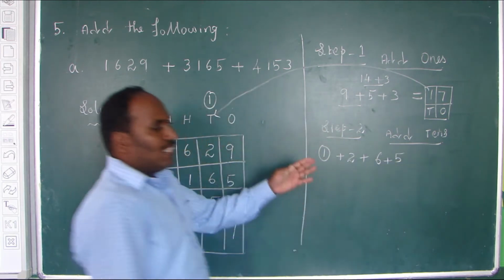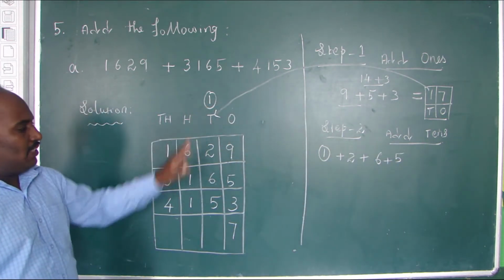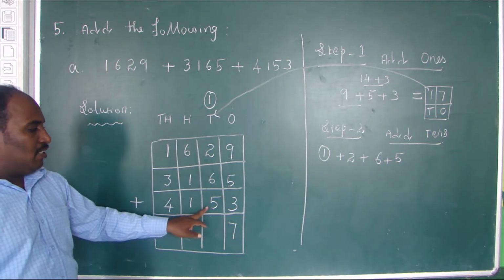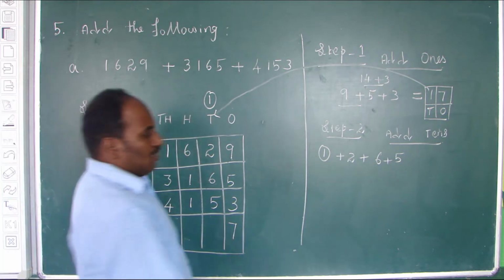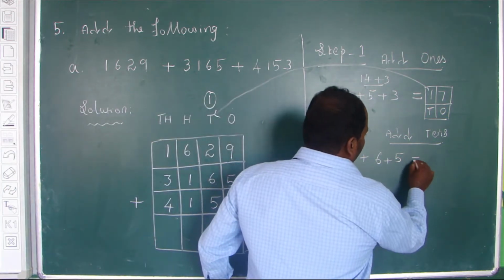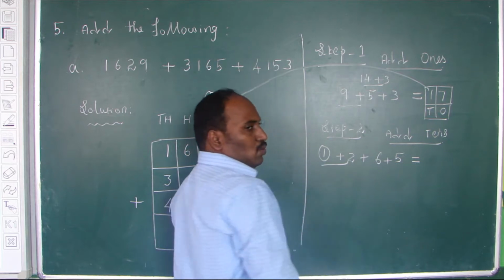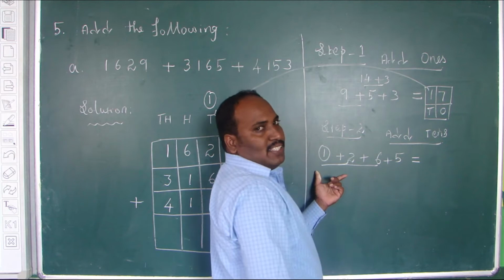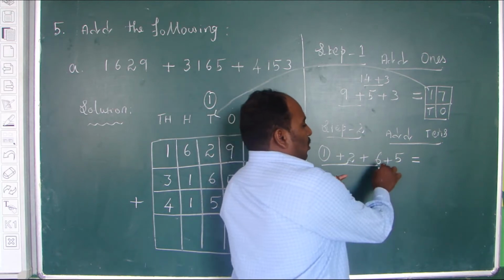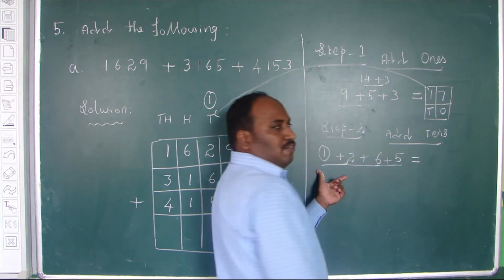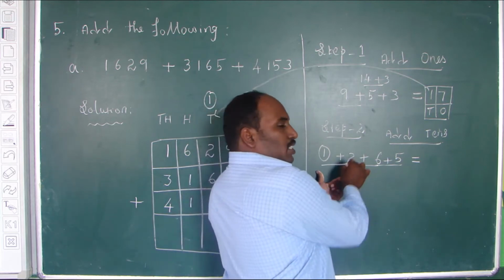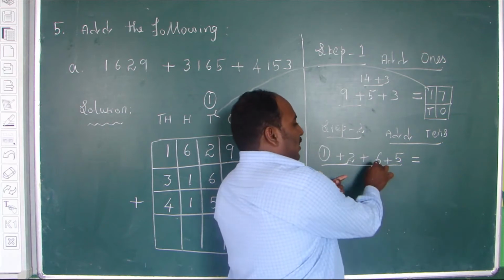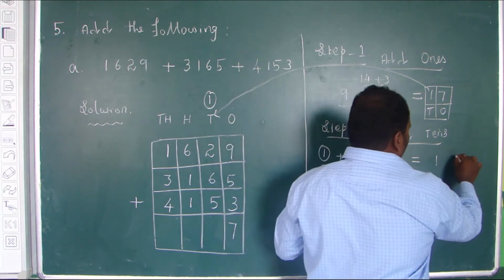Listen here, we add the tens place. 1 tens plus 2 tens plus 6 tens plus 5 tens is equal to: 1 plus 2 is equal to 3. 3 plus 6 is equal to 9. 9 plus 5 is equal to 14.